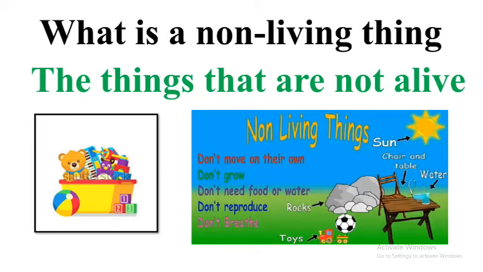Non-living things do not move on their own, do not grow, do not need food or water, and do not reproduce. Here are some examples of non-living things. Rocks, toys, ball, water, chair and table, sun.